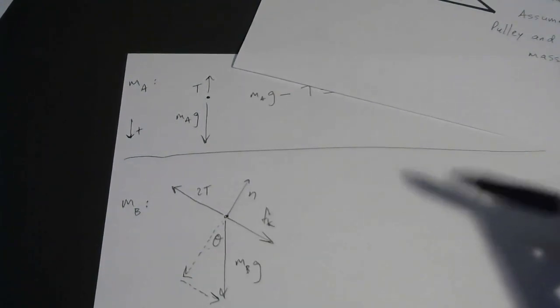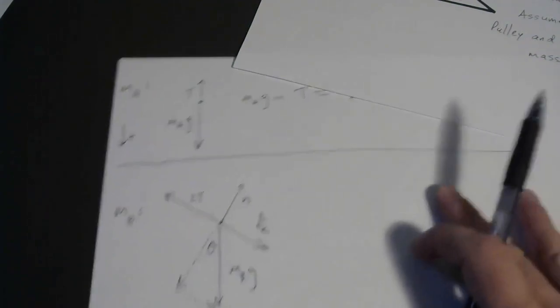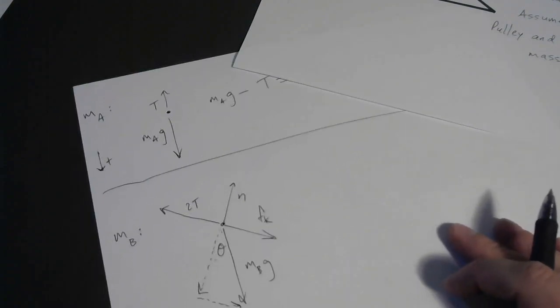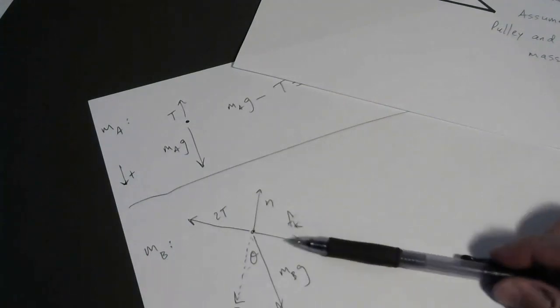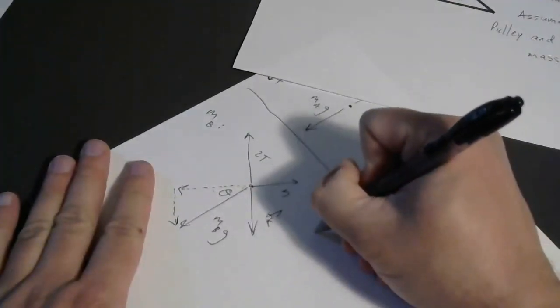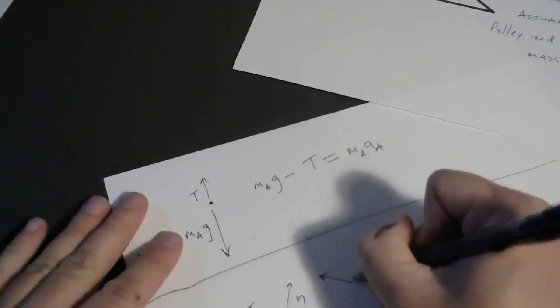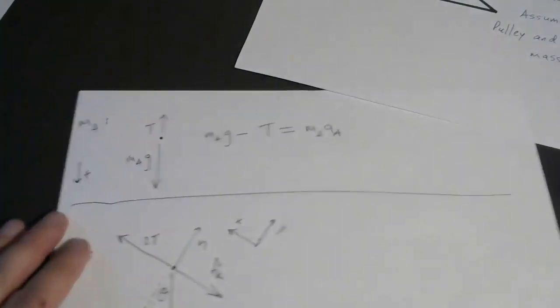And now I probably do need to label my axes here because I will have to write Newton's second law twice. All right? What would be the best choice? Well, since I expect mass B to go up the ramp, how about I call that the positive x-axis and the perpendicular direction is the positive y-axis.